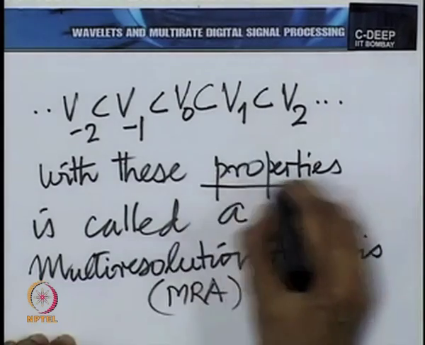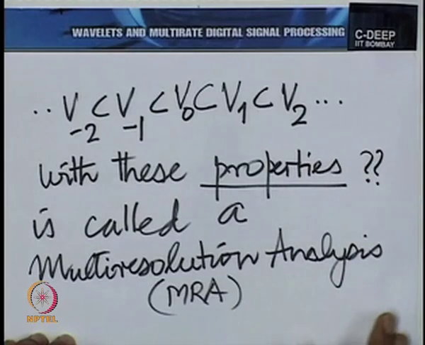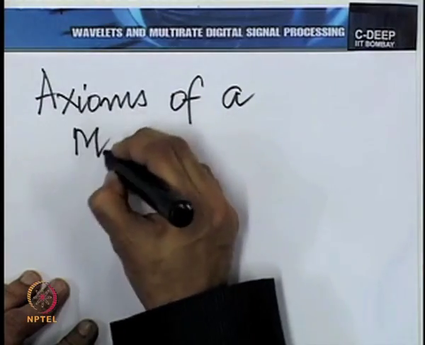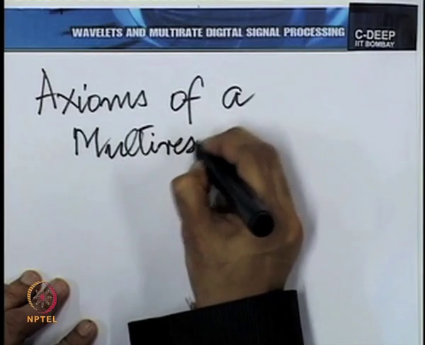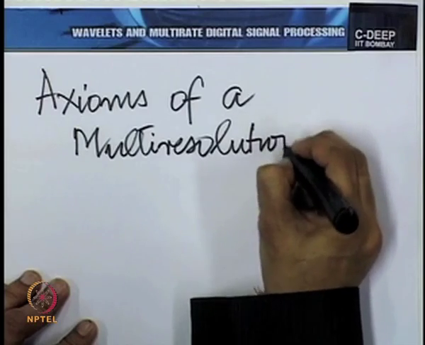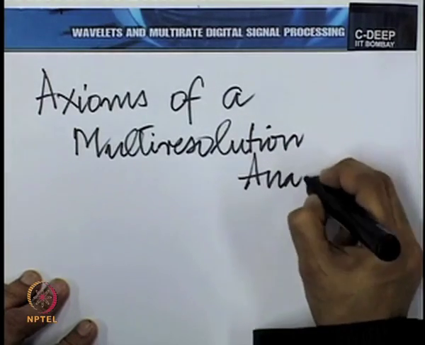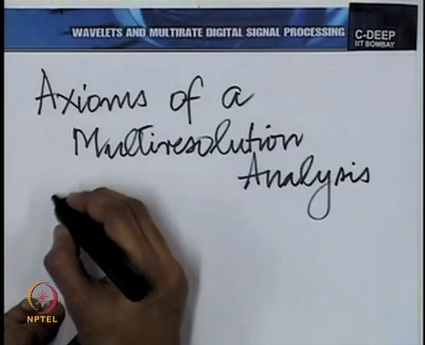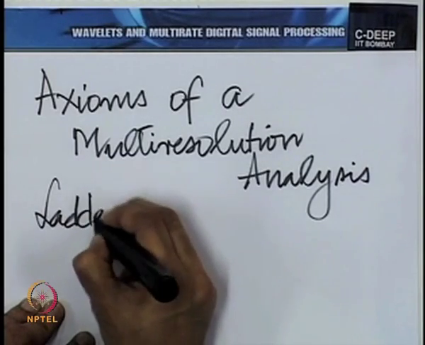Now, what properties? We need to put them down formally once again. We have introduced two of them and one more subtly, but we now need to put down axioms very clearly. So, let us put down what are called the axioms of a multi-resolution analysis. So, the first axiom is, of course, there is a ladder of subspaces of L2(R).